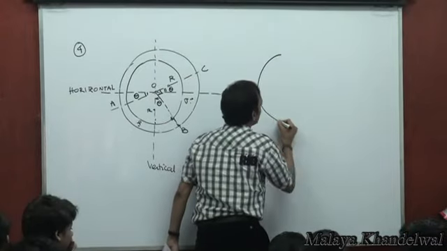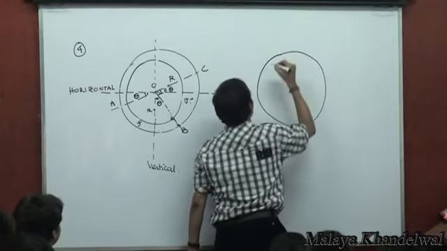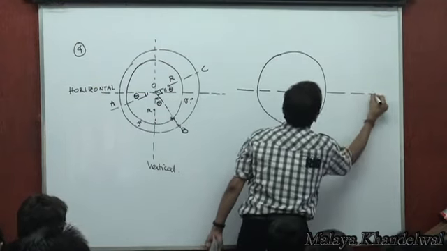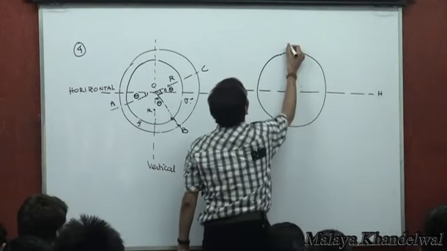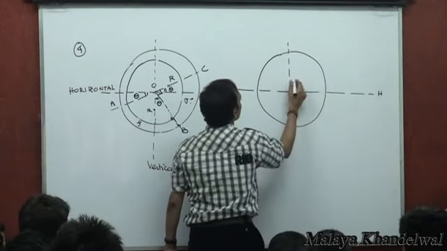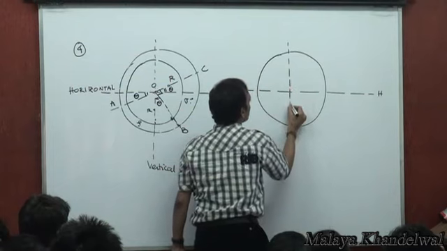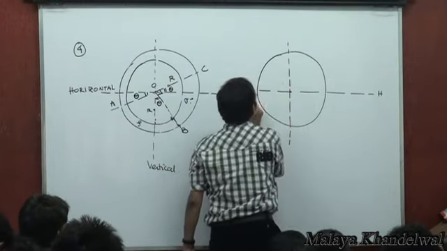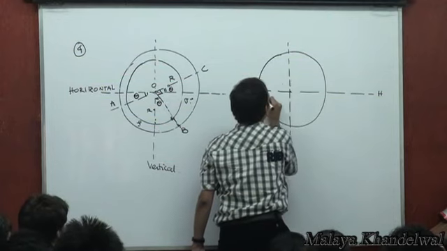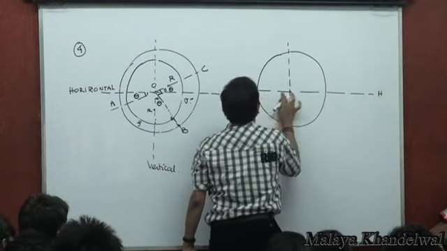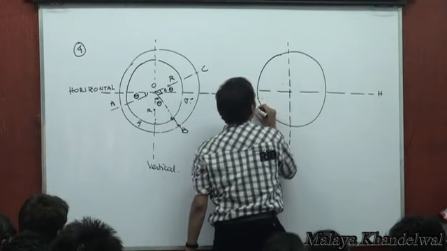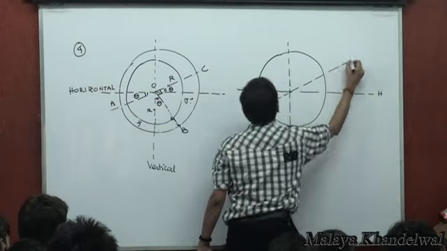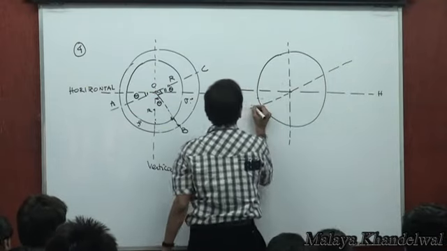I'll just draw to avoid clutter. This is the horizontal. This is the vertical line. This is the diameter AC.